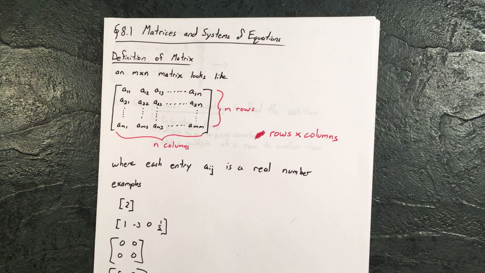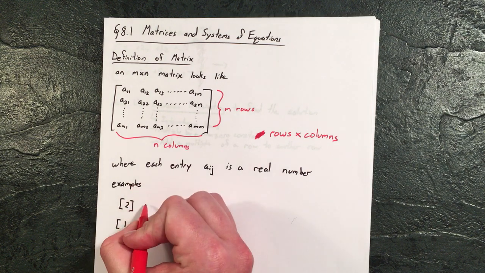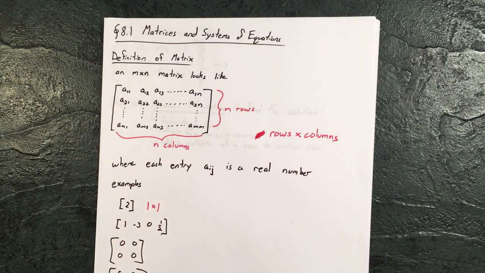So let's talk about orders of different matrices. This first one is just a number 2. It doesn't look like a matrix, except it has these brackets around it, which indicates it is in fact a matrix. And this would just be a 1 by 1 matrix. Okay, next one. We have 1 row and 4 columns, so this would be a 1 by 4.